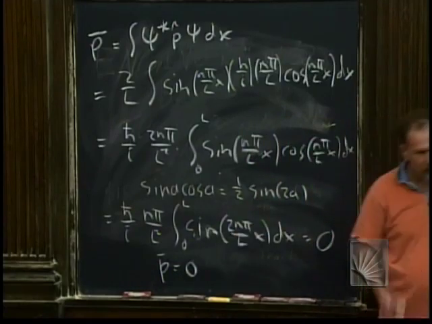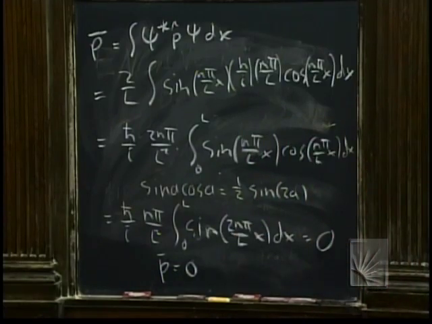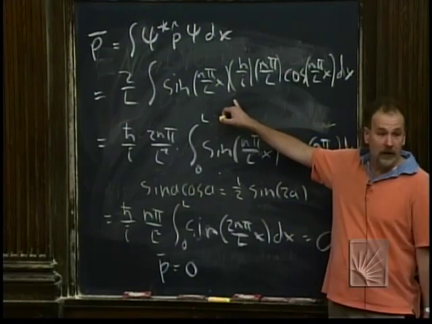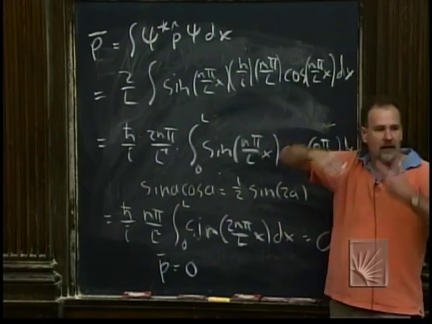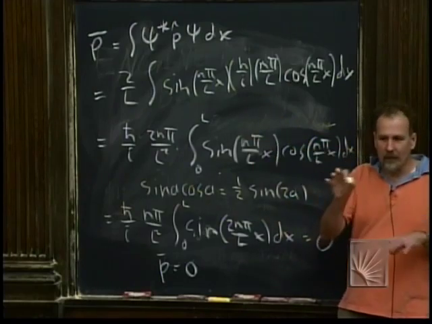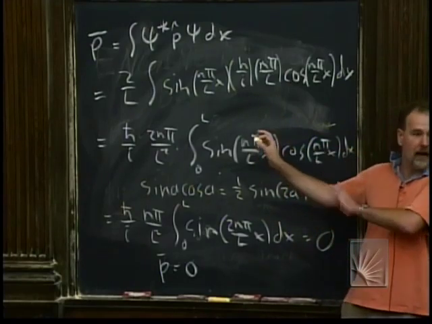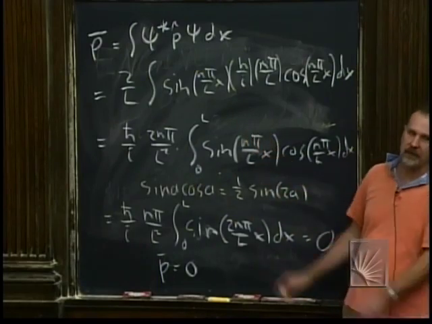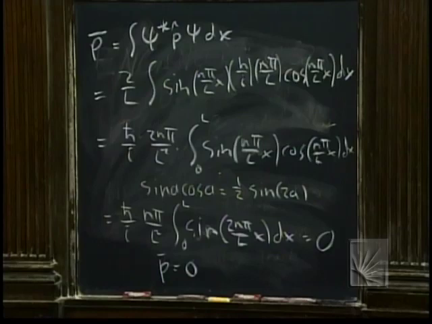So if you're working through a problem and you're finding that the momentum is some imaginary number, then you've made a mistake. Your integral should have been 0. If this thing was an exponential, then there would have been an i coming out of the exponential when I took the derivative. So, remember a plane wave, I do get a value of momentum which isn't 0. It could work either way.